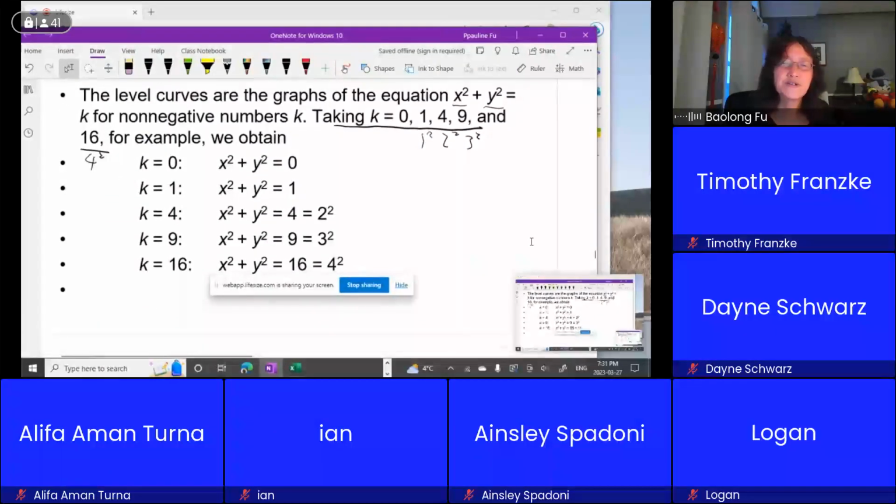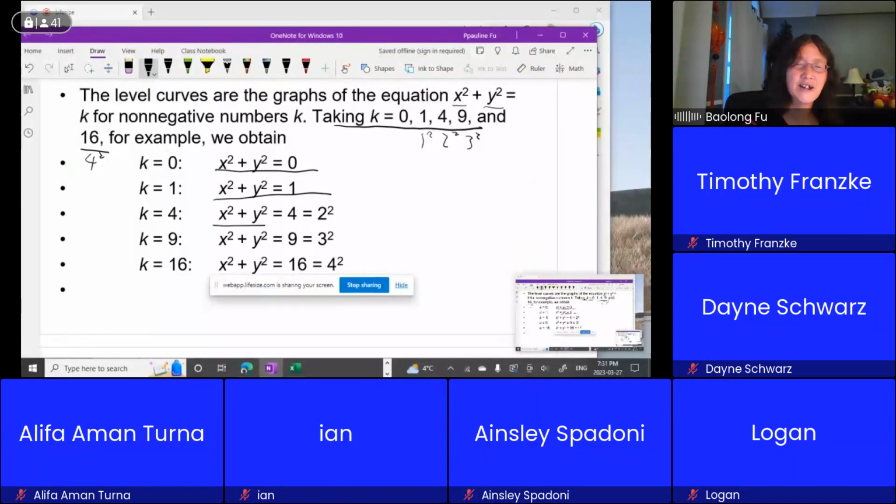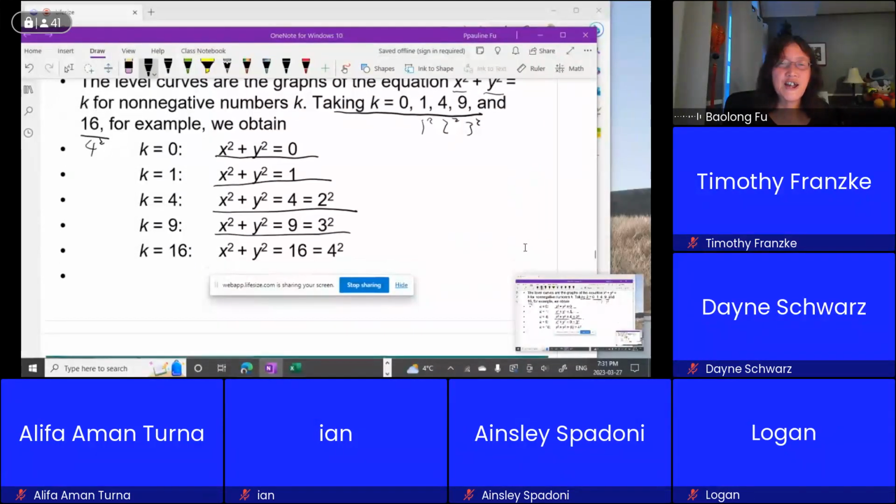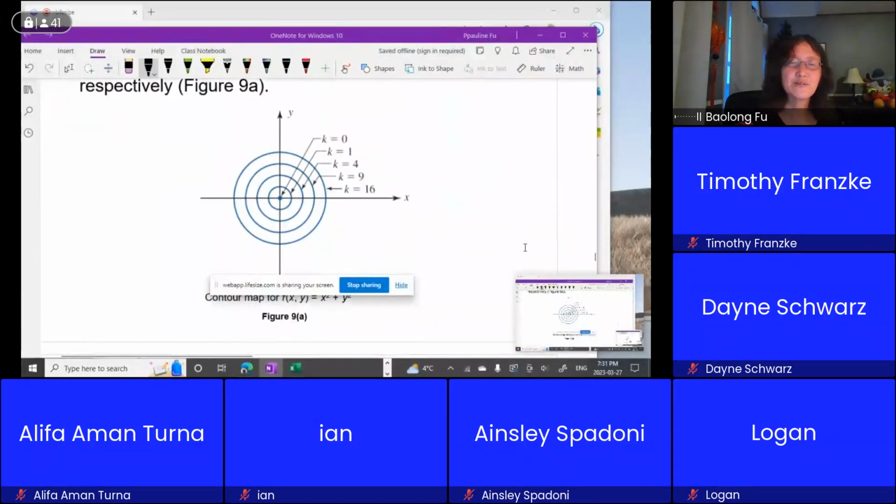So when k equals 0, we get this, k equals 1, k equals 4, etc. To sketch, we get this picture here: k equals 0, 1, 4, 9, 16.